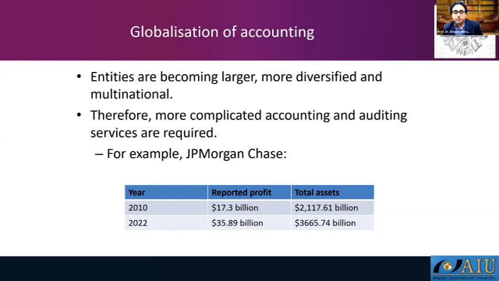And in the last 12 years, this profit has doubled from 17 to 35.89, and the assets have increased massively too, now 3665.74 billion.